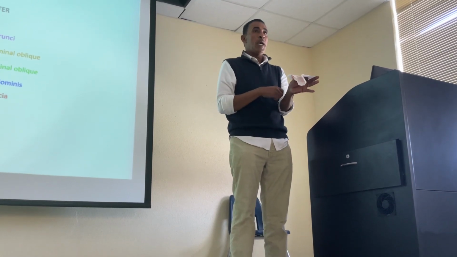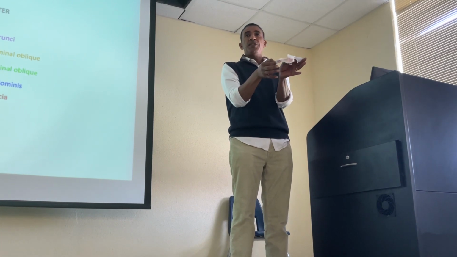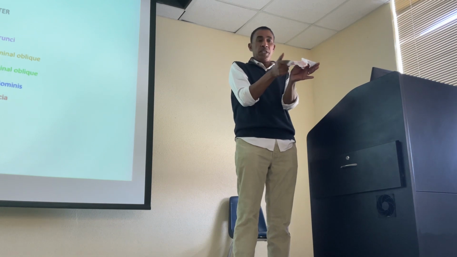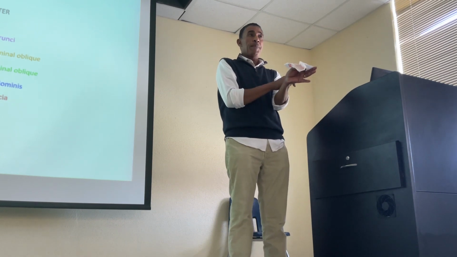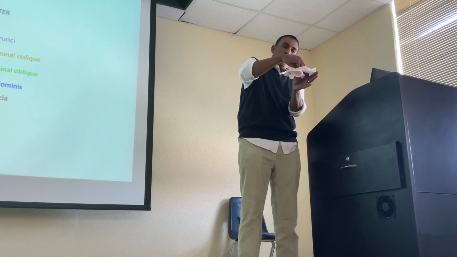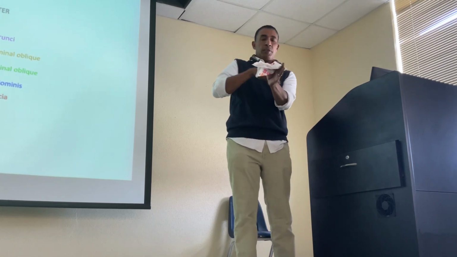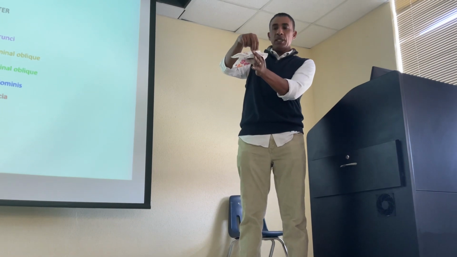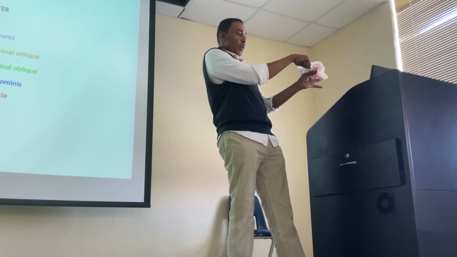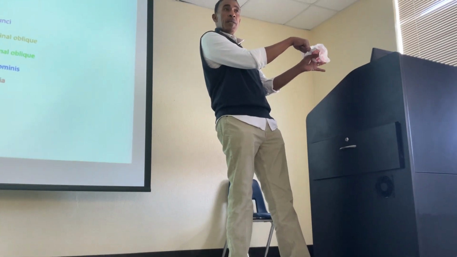Okay? Now, this layer is the transversalis fascia, but you understand that there is a layer deeper to this, which is what? The peritoneum, right? The peritoneum will come and do the same. So the peritoneum, when it does that, will create the vaginal ring. The transversalis fascia, when it dips there, creates what? The deep inguinal ring.